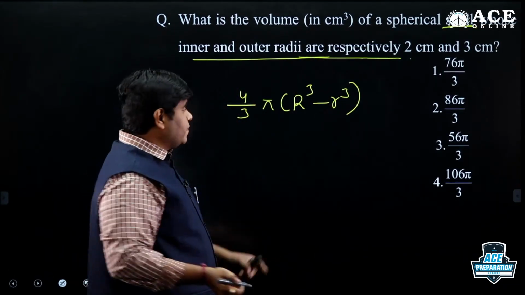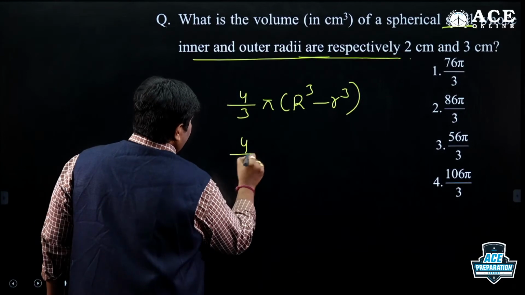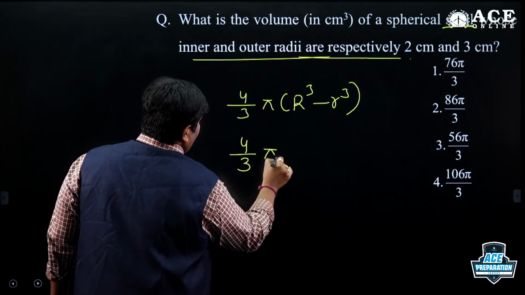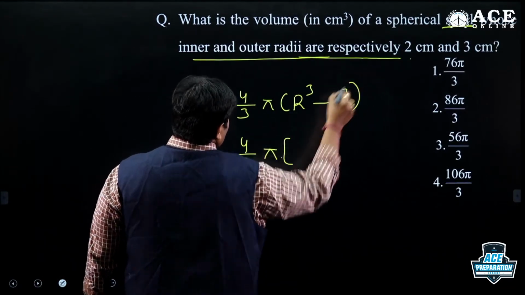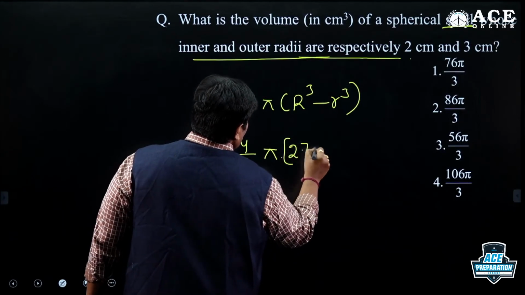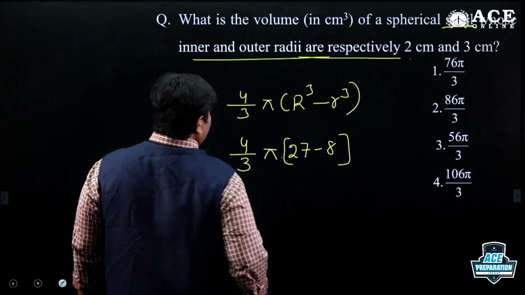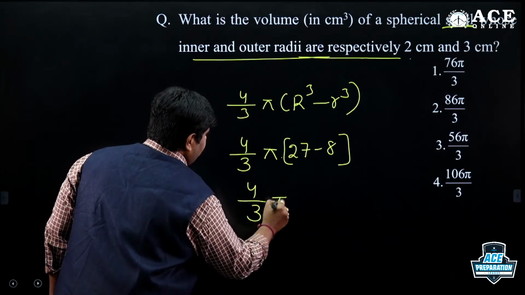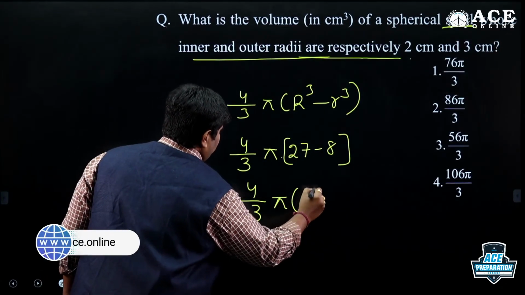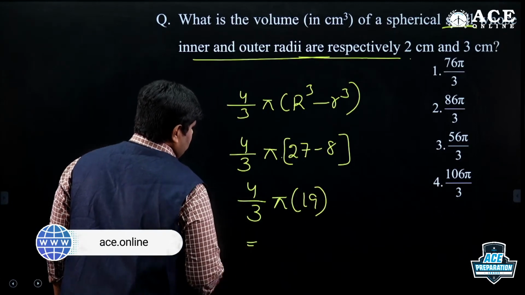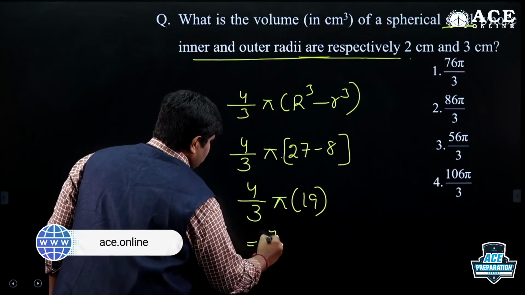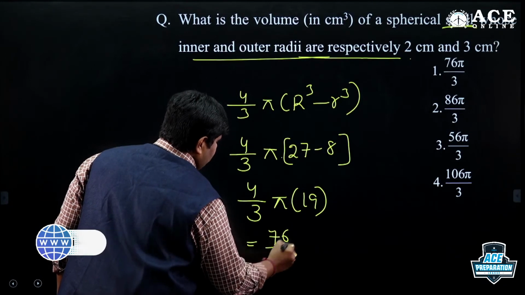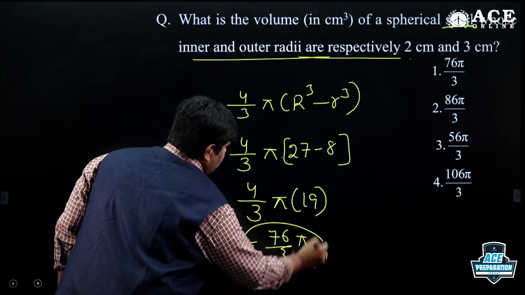So 4/3 pi, 3 cube is 27 minus 8, which is 19. So 4/3 pi into 19, 4 19s are 76. So 76/3 pi.